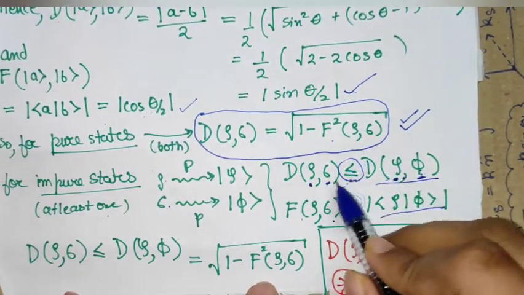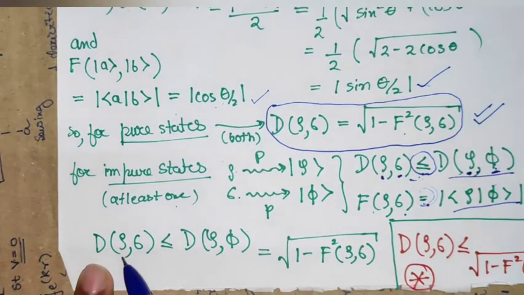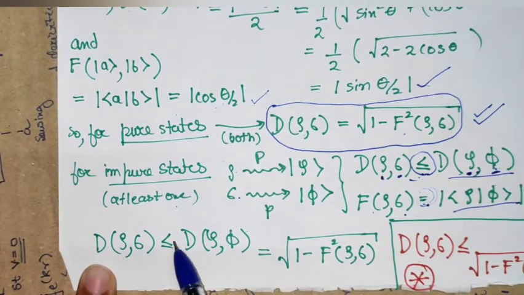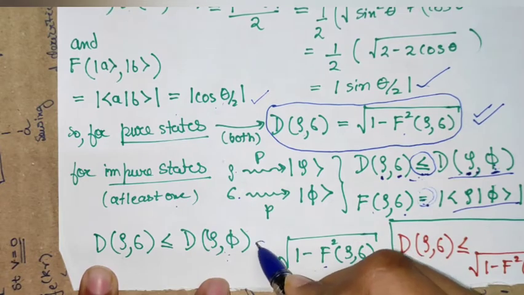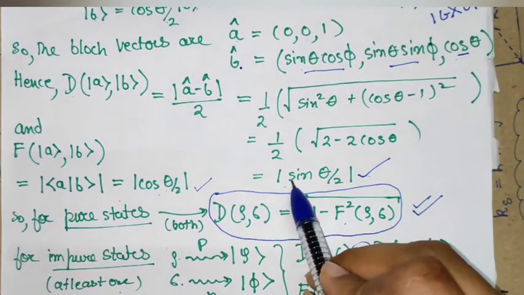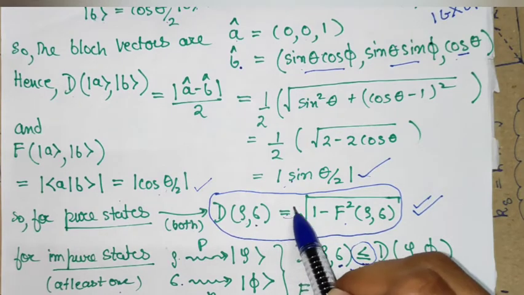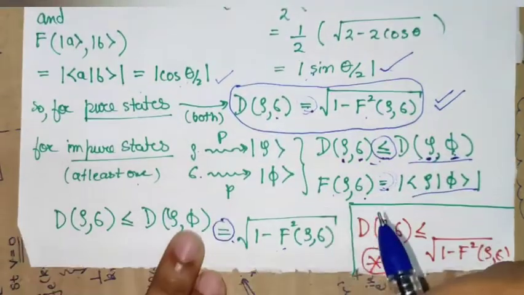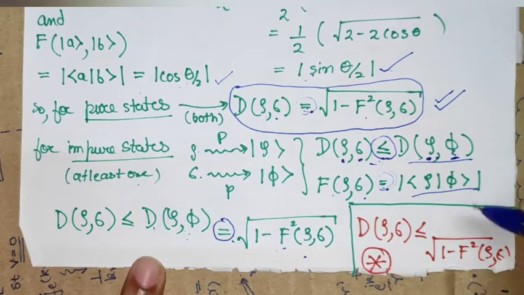So when we do this, we see that d of rho sigma is less than or equal to d of psi and phi, which are the purifications of rho and sigma, which is in turn equal to this. So why is this equality true? Because we have just proved that for pure states we have this equality here. And hence this is the final result.